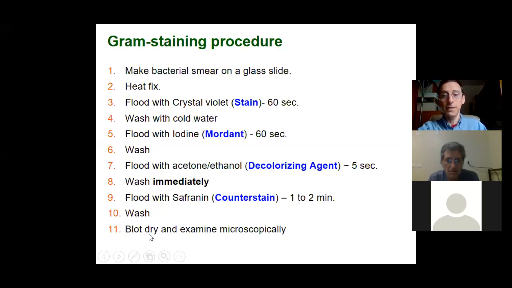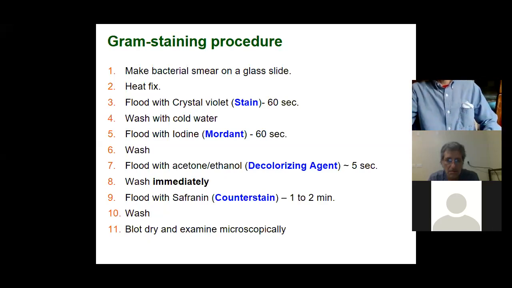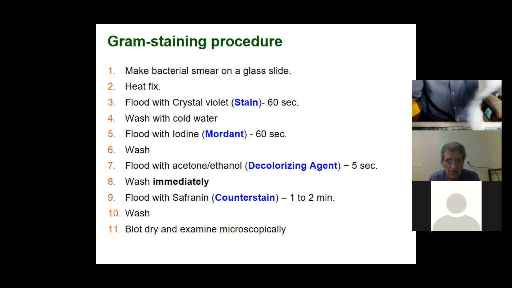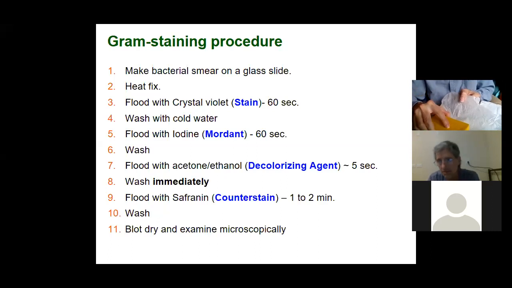Let me see if I can make it so you can observe that. If I hold it up, what you do is you put the slide in bibulous paper. This isn't bibulous paper, but I don't have it at home here. You take the slide and put it in bibulous paper, and then you just blot it dry. Hopefully you can see what I'm doing here.